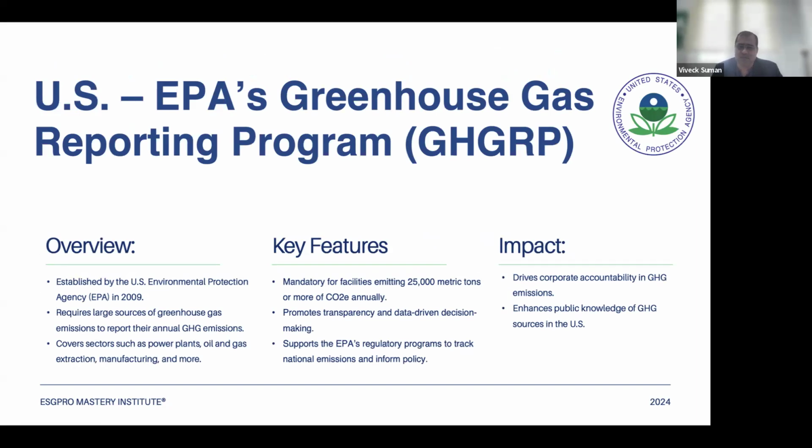So for US companies, definitely use this, and then you can also use the GHG Protocol. Everybody loves to use the GHG Protocol because the audience is worldwide. If you are using the country level framework, then at least you are covering your compliance requirements, and also your accounting requirements. The United States has the EPA, the Environmental Protection Agency, which was formed in 2009.